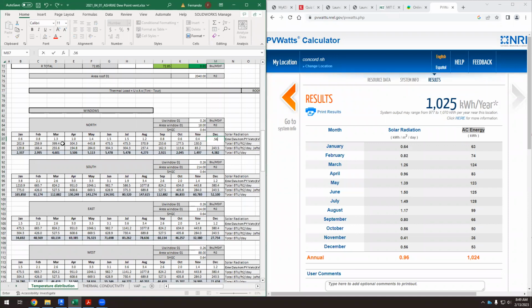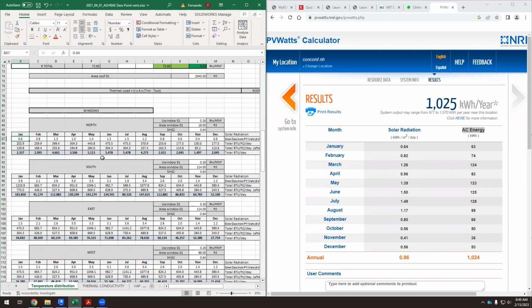And finally, December, 0.56, sorry. Okay, it rounds up, so it's only one decimal, but it doesn't matter. Okay, so here we have the solar radiation outside the window in the month of January.